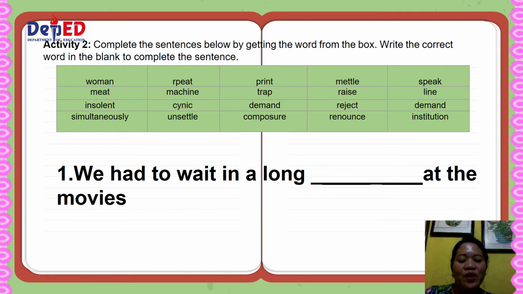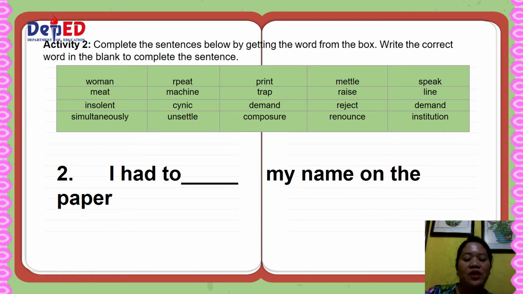Number 1, we had to wait in a long blank at the movies. So I want you to look at the words inside the box, and based on this sentence, I want you to look for the word that will complete the sentence. Number 2, I had to blank my name on the paper.